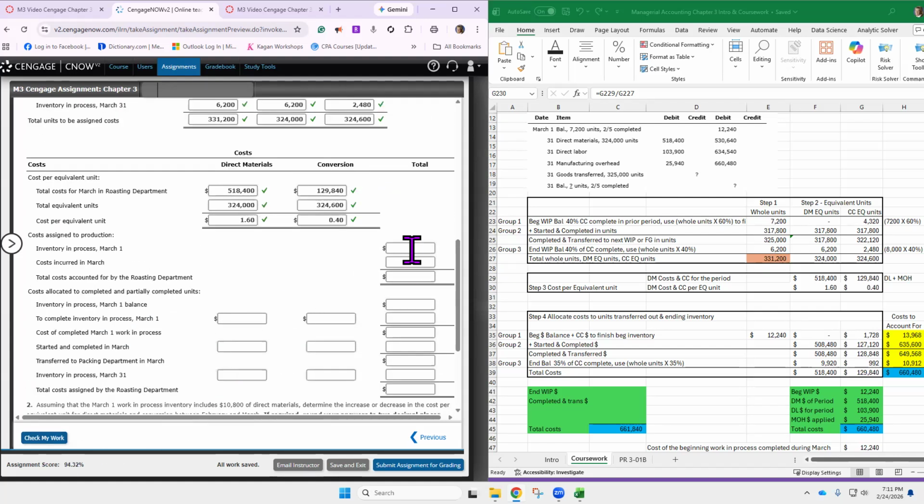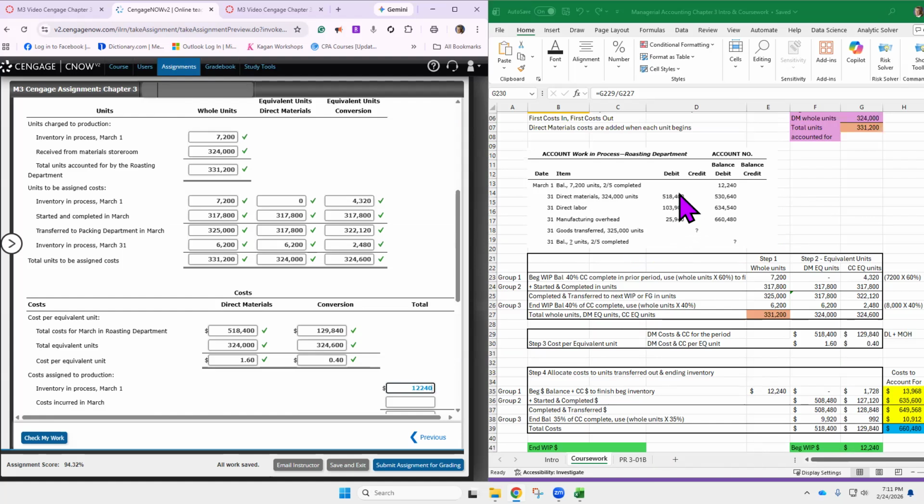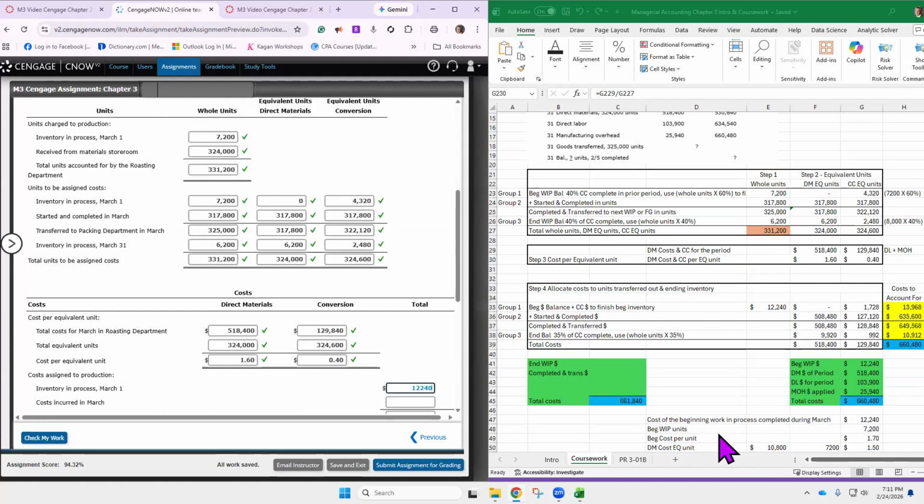Okay, let's check it, make sure it's good. Now we're going to go back to the beginning, the inventory in the beginning, 12,240. Okay, the costs incurred in March. That is all of these added together. I have all of these added together right here. I got 648,240.